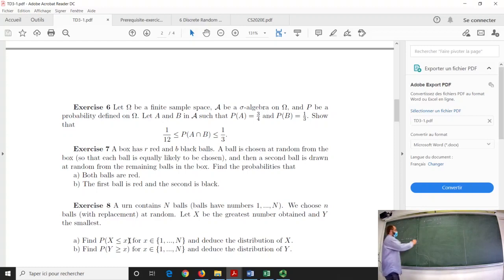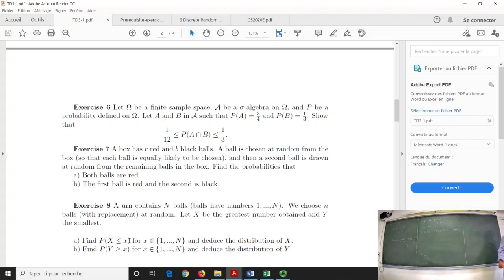It is this one. The fact that P of A union B is equal to P of A plus P of B minus P of the intersection. So of course my idea is not that far away from yours, because if you remember, in order to prove this one, I use this. So it's just two equivalent ways to do the same thing.